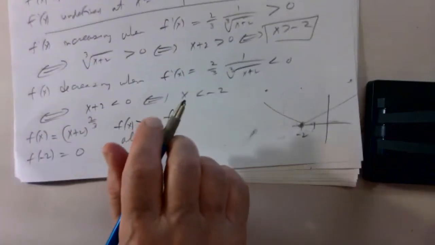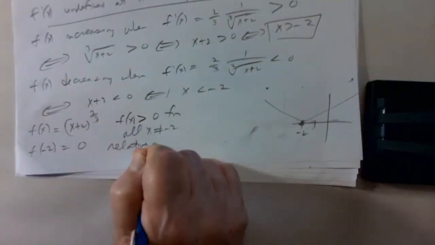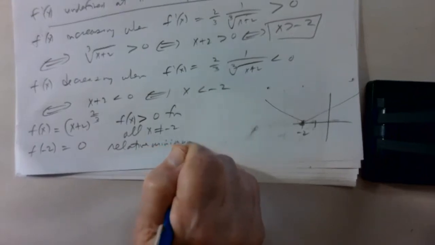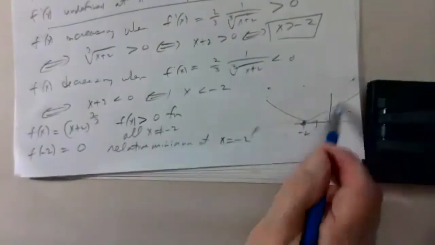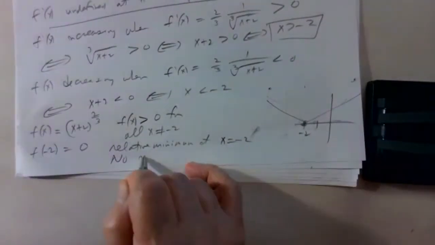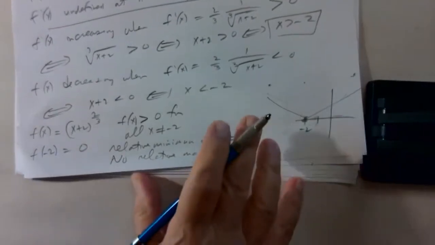So there is a relative minimum at x equal -2. The function is decreasing and then increasing, and there is no relative maximum. So the relative extrema means a relative minimum or maximum. There's one relative minimum and no relative maximum. So that's the story.